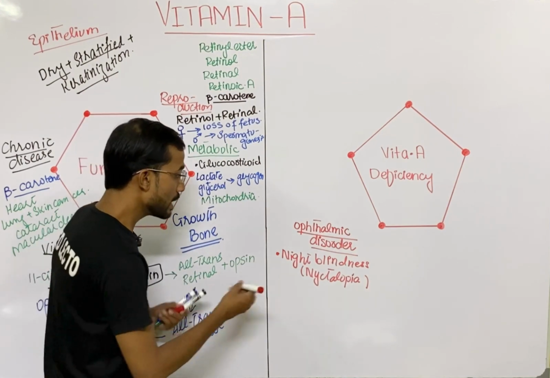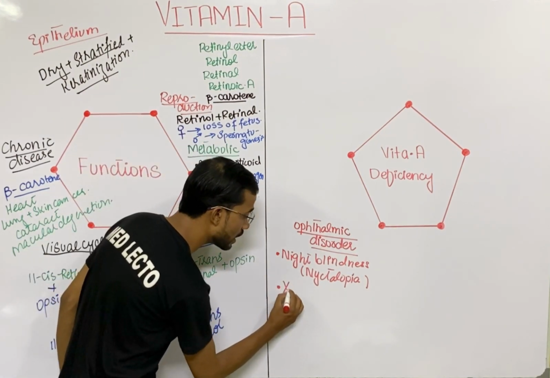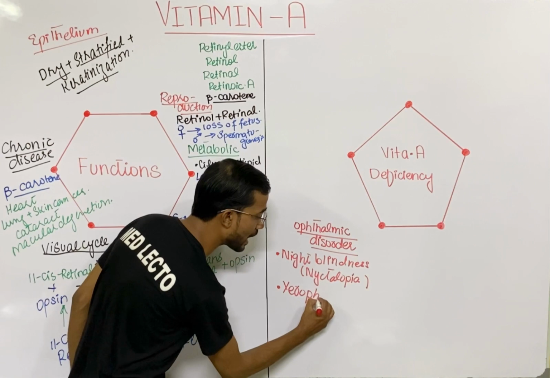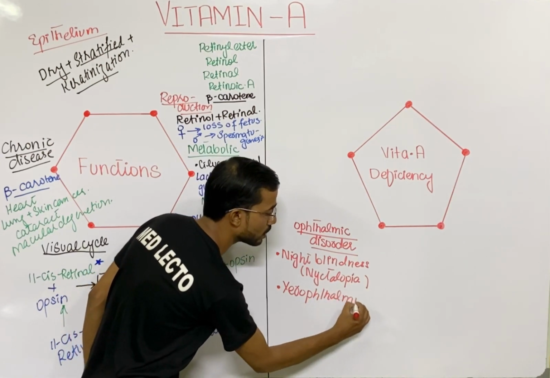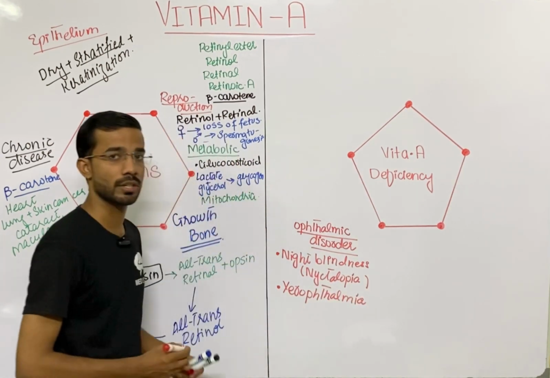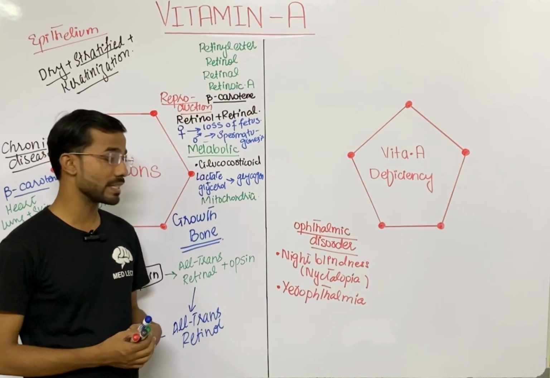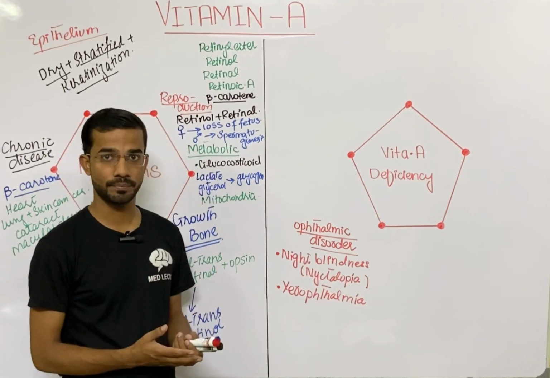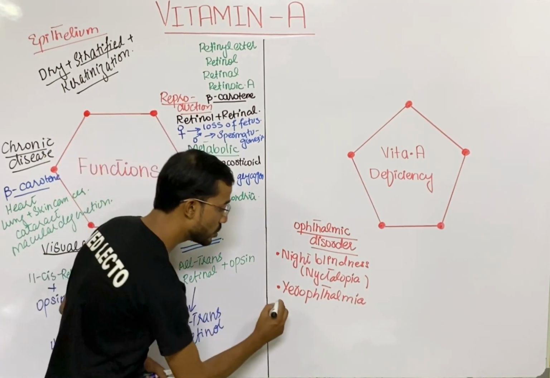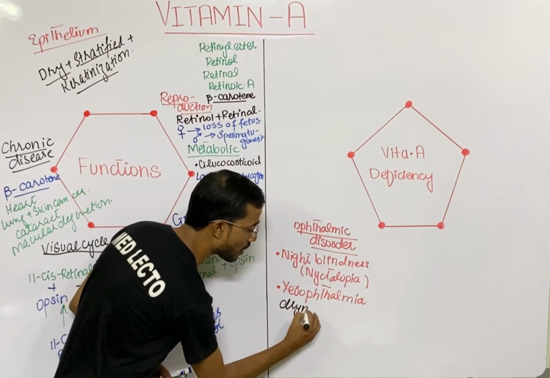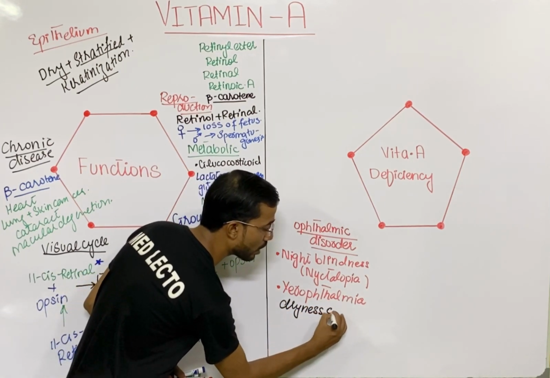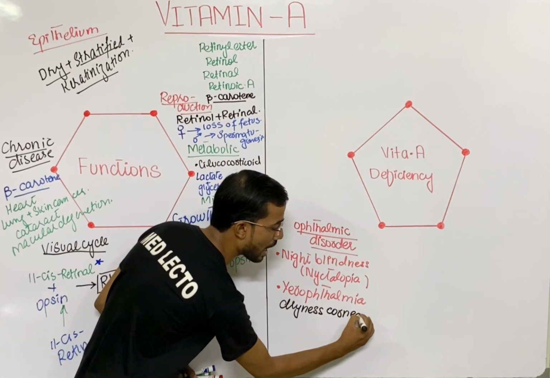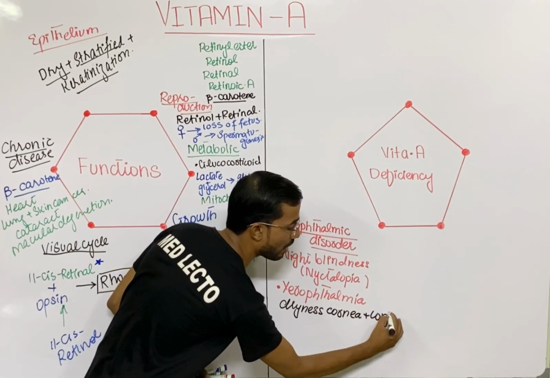Second condition is xerophthalmia. Xerophthalmia is basically, xero means dry. So it is the dryness of the cornea and the conjunctiva of our eye.